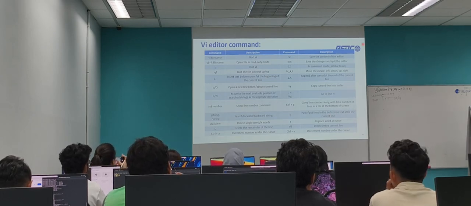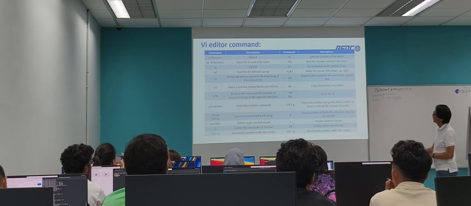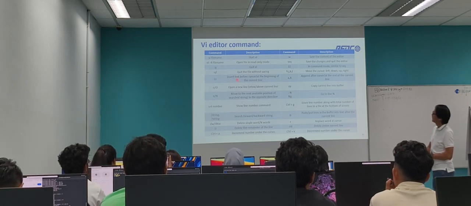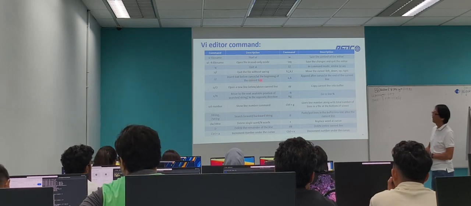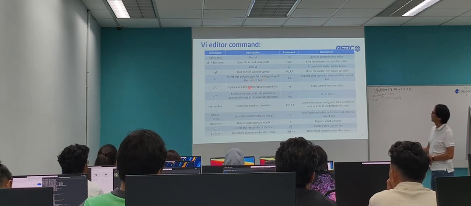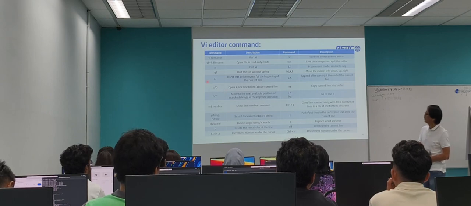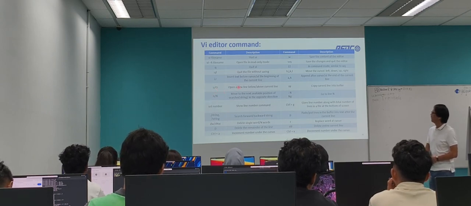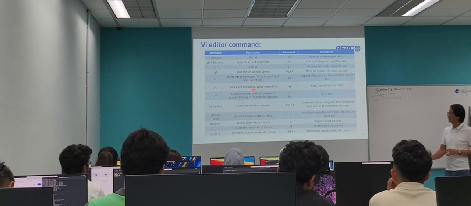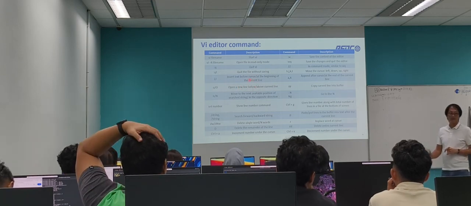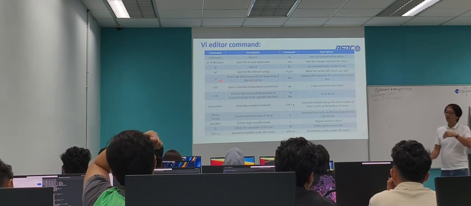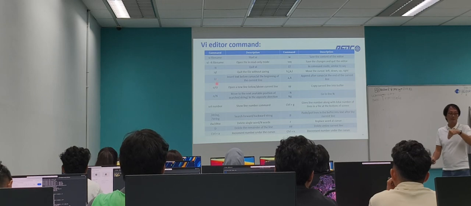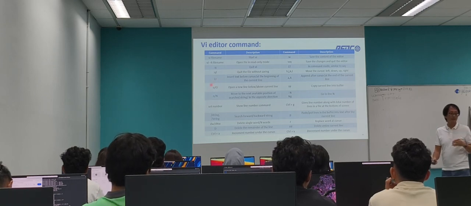You have this one. Insert text at the cursor, or at the beginning of the line. You use small letter o or capital O to open a new line below or above the current line. Small letter o opens below, so it will add a new line below the current line that your cursor is at.